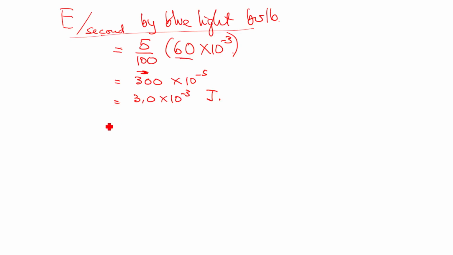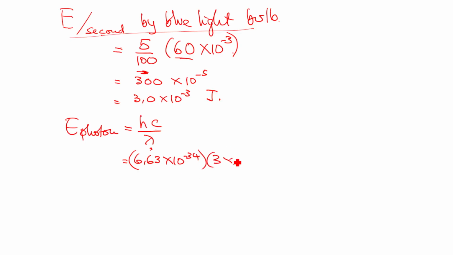Okay, now, the energy of the photon is going to be given by hf or hc over lambda. And I'm going to use this form of the equation. Why? Because I've got some wavelength information that I think I'm going to be able to use. So the energy of the photon that is emitted is going to be 6,63 times 10 to the minus 34, an extremely small number, Planck's constant.